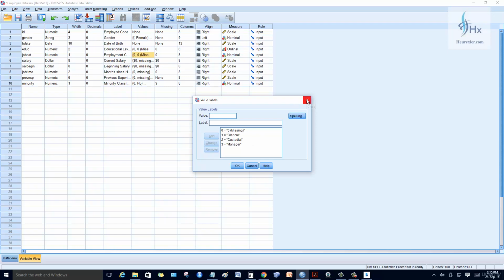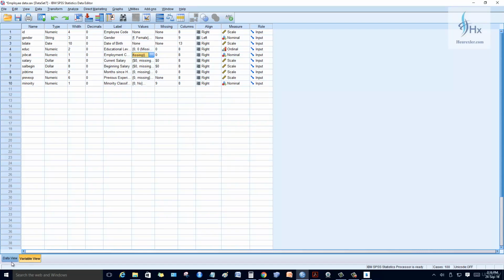But if we want to test this assumption, that job category, education, or position of the employee, or the salary at the time of joining the organization, are the causative or influencing factors in the current salary drawn by the employee, then we have to run a multiple regression analysis.